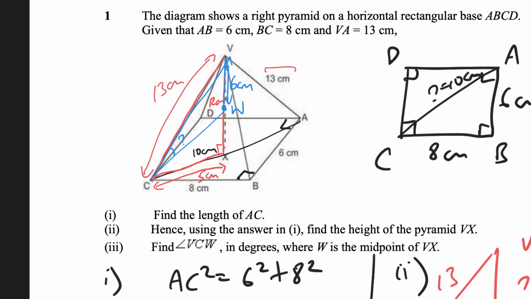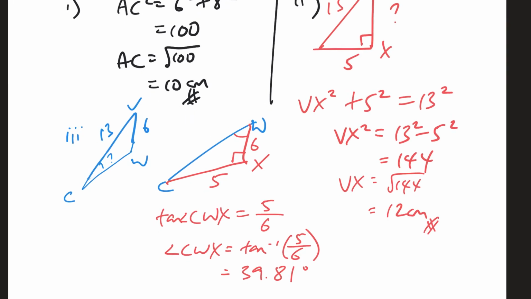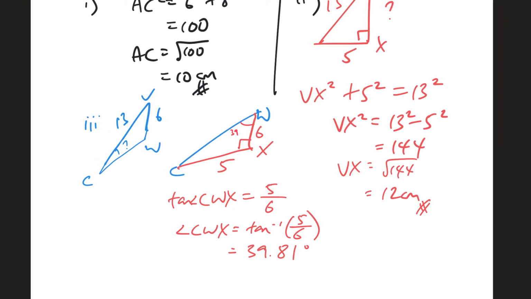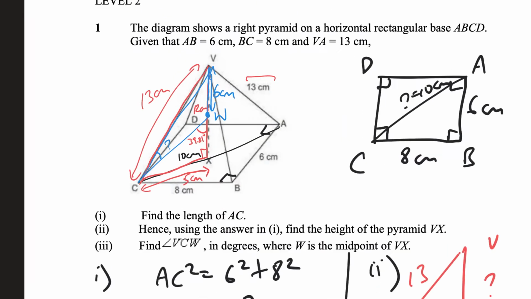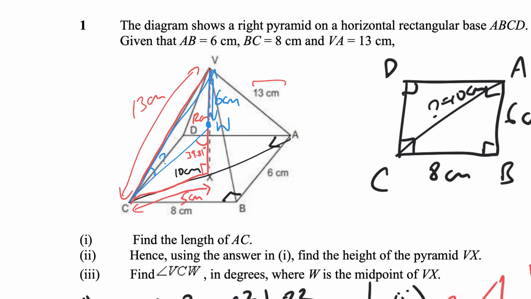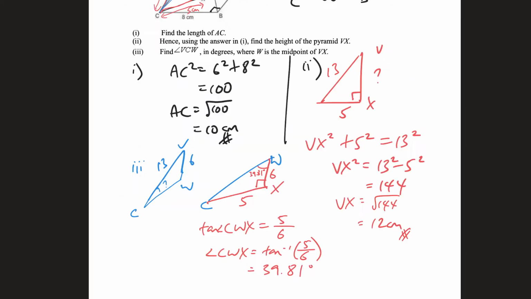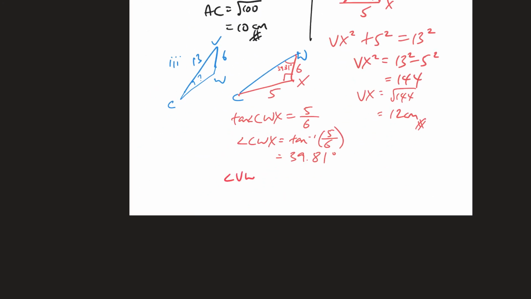So this is 39.81 degrees. And then that helps me to find VWC, which is this angle. VWC is simply 180 minus 39.81, which is 140.19.